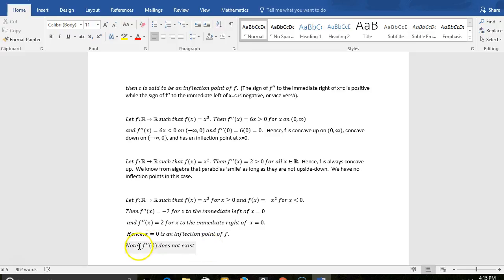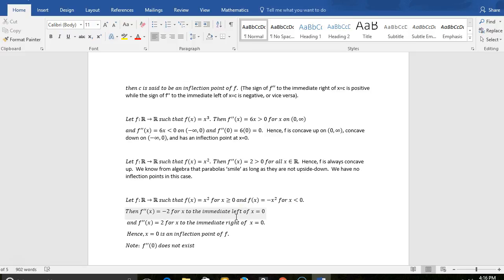Indeed, f prime of 0 equals 0, but f double prime of 0 is undefined. Because if you were to draw the graph of f prime, you would get the absolute value function. So you remember in previous videos we discussed, sometimes you can do the first derivative, but you can't do the second derivative at a particular point. And indeed, that's what happens here.